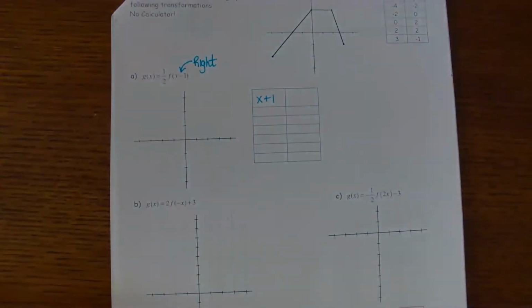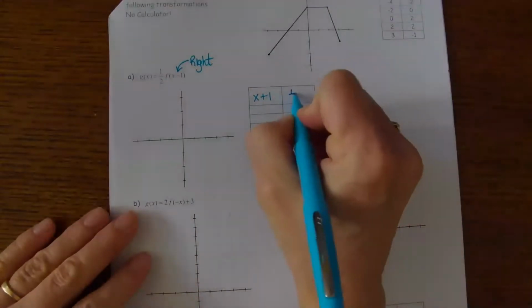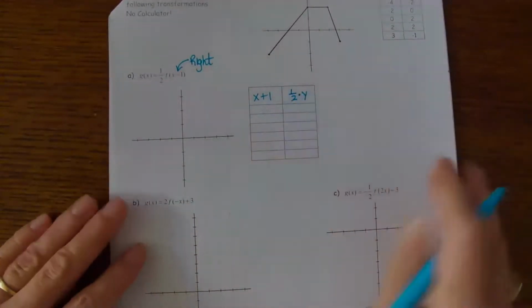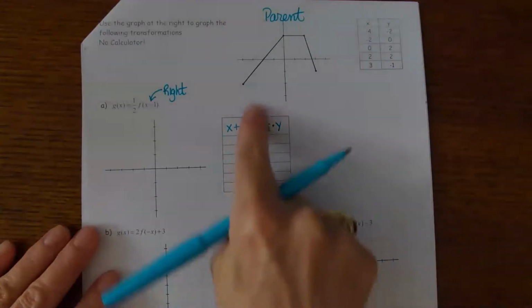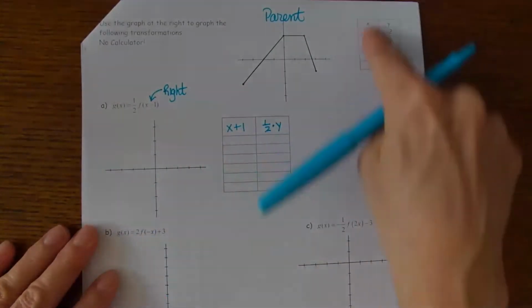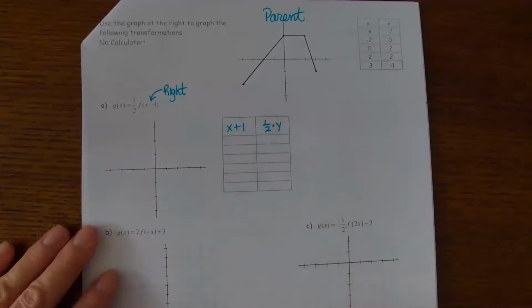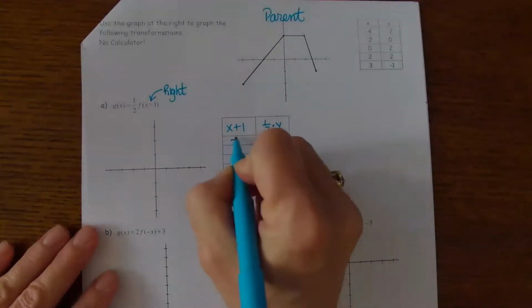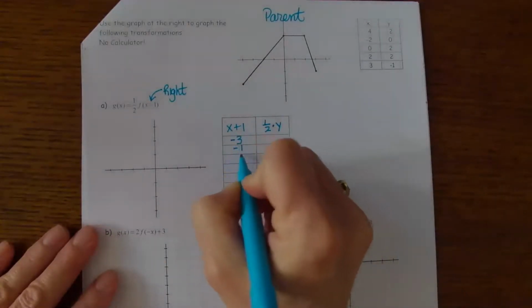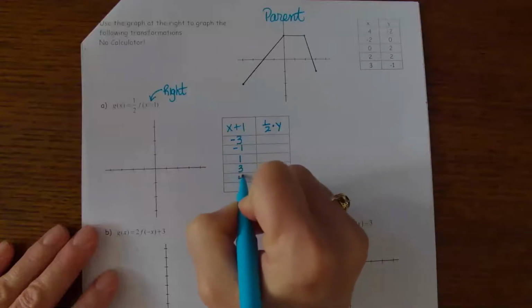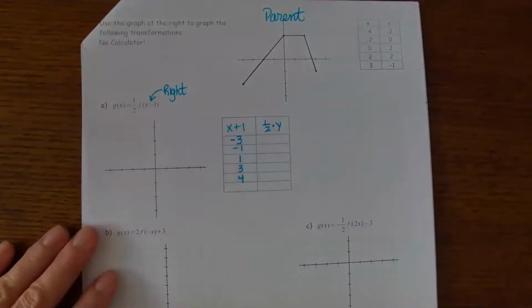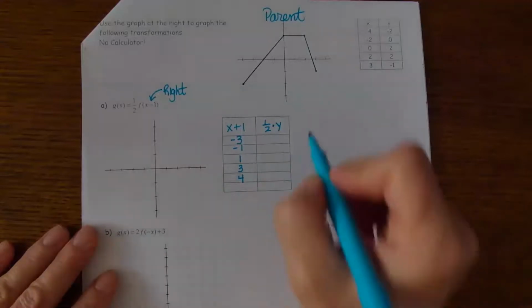That's going to fix that, correct? Because I want it to go right. Now, what does that 1/2 tell you to do? Yes, so take 1/2 times Y. So now I could just look at my points. I just have to know the rules. Now I look up here and I'm going to add 1 to every X. So there we go. And I'm going to cut the Y's in half, correct? So there we go.